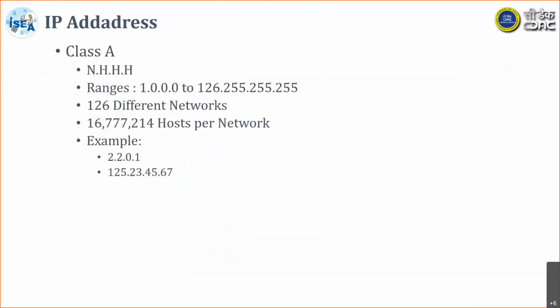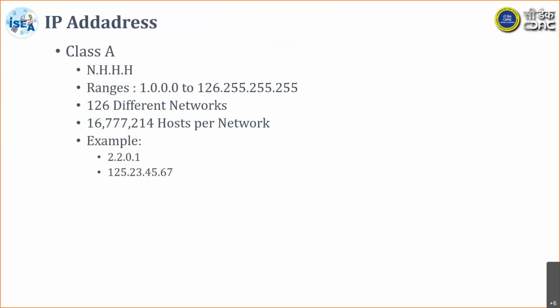So we have the IP address of class A, where there is one network and 3 hosts, and it ranges from 1.0.0.0 to 126.255.255.255. So the first octet will start from 1 up to 126.